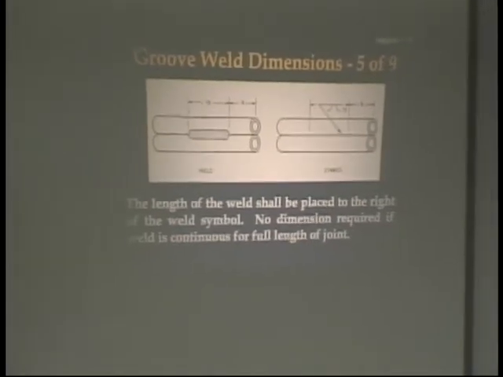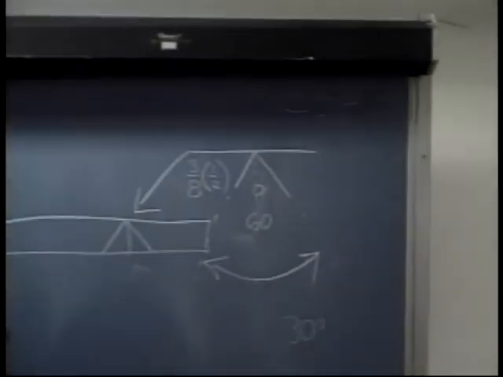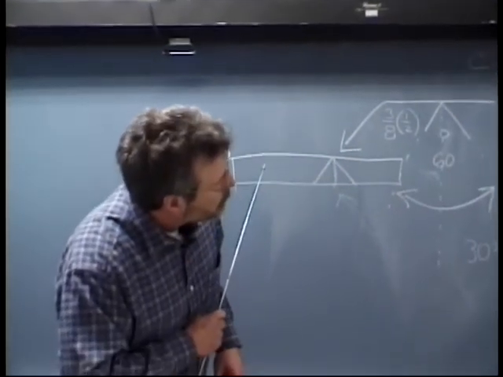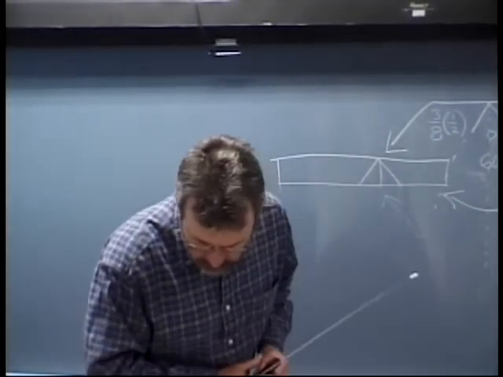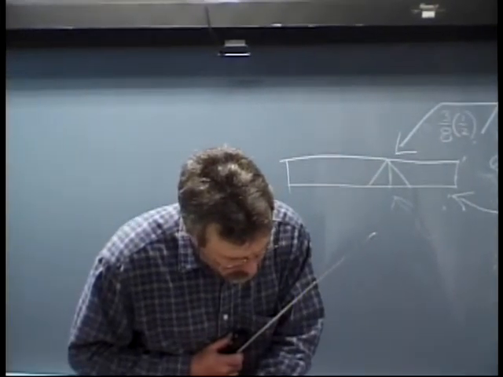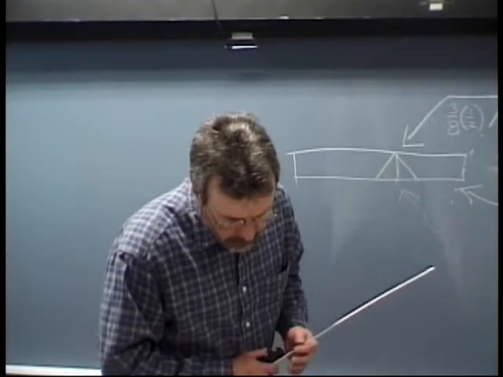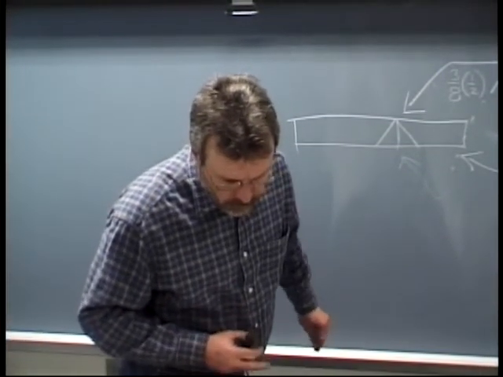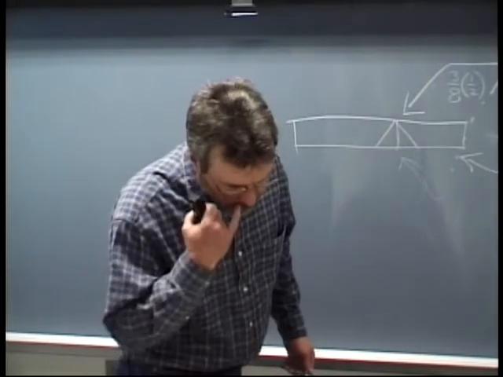Okay. Let's see, what's next? Here's some examples of flare bevel or flare V grooves. They are unusual in that they take their shape from the structural member that we are going to be welding on.